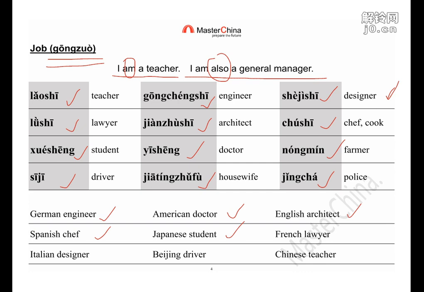Good. Next one. 法国律师. So 法国 France, French. 律师 lawyer. How about this one? 意大利设计师. If you remember the country and the job, put them together, that's your own expression.